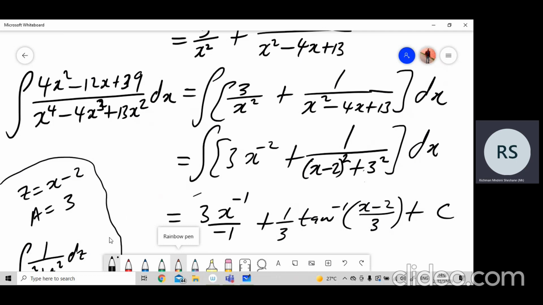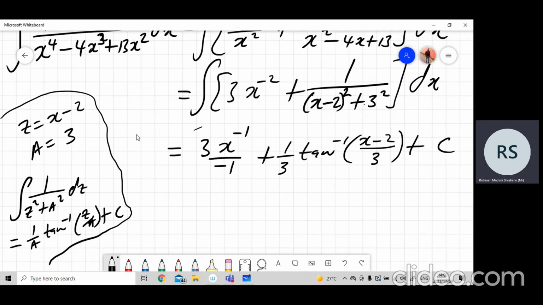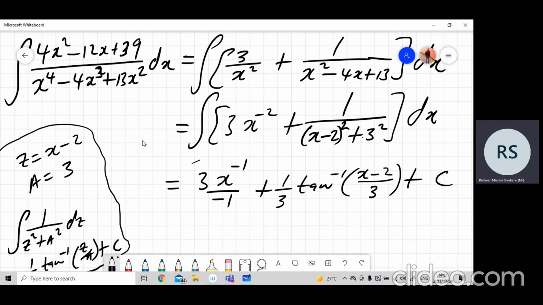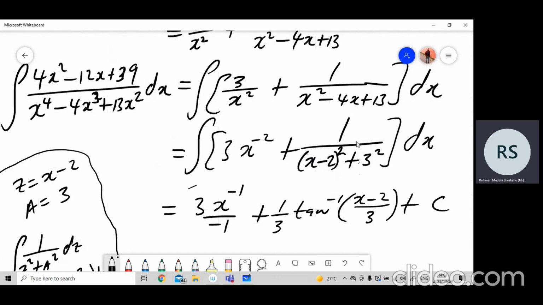If you check the formula, it's 1 over a tan inverse of z over a plus c. We use this formula to evaluate this. So this integral would be 1 over a, our a we chose to be 3, tan inverse of z, where z is x minus 2, over a, which is 3, and then plus c. This is the answer.